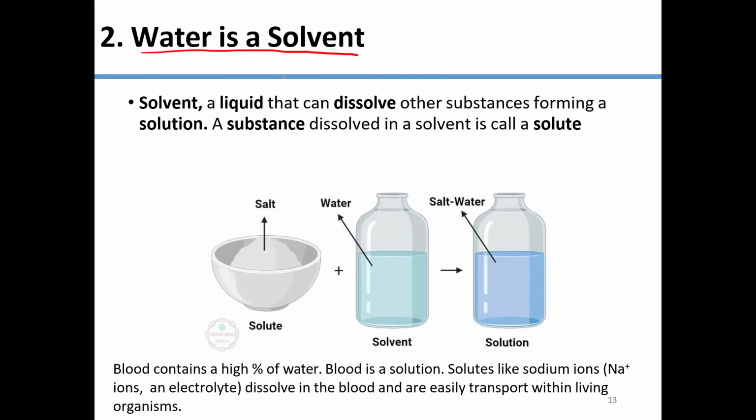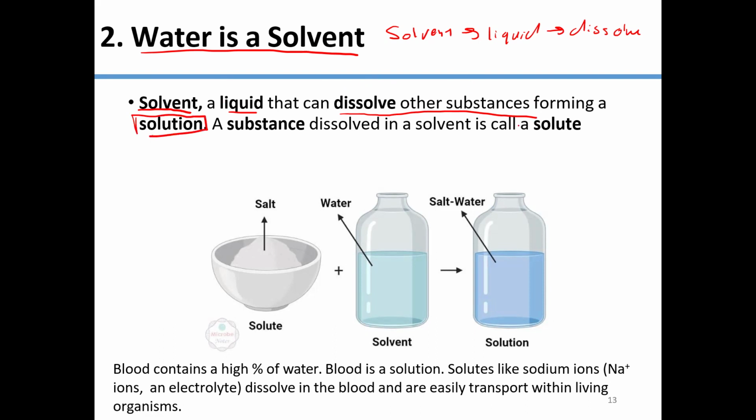Now, one of the very first things we need to identify is exactly what a solvent is. A solvent is just going to be a liquid that can dissolve other substances. So again, a solvent is a liquid that has the ability to dissolve other substances in order to create a solution.